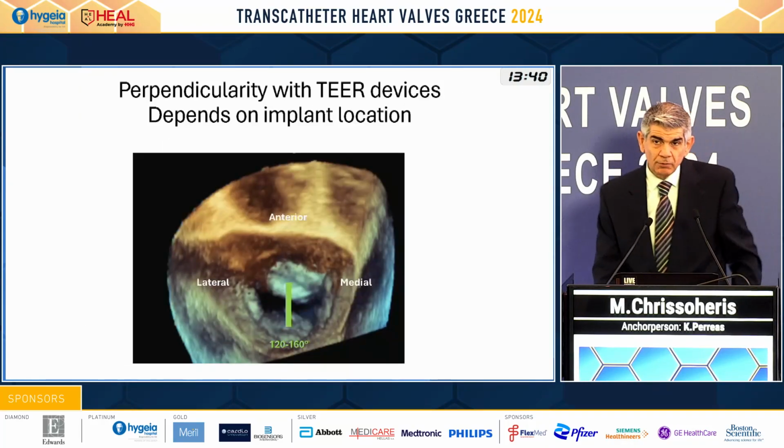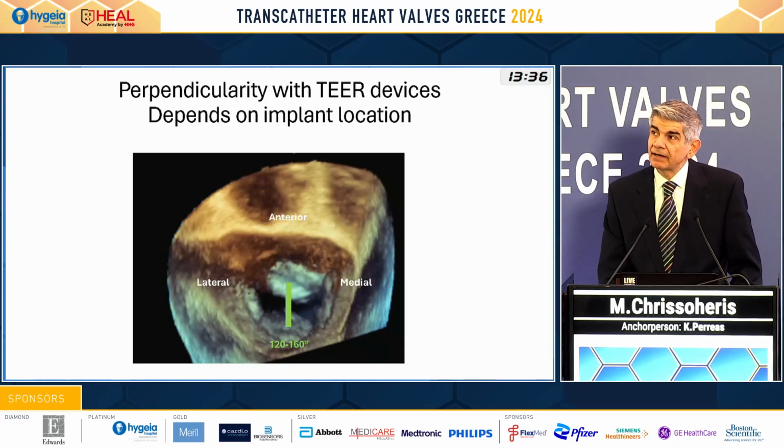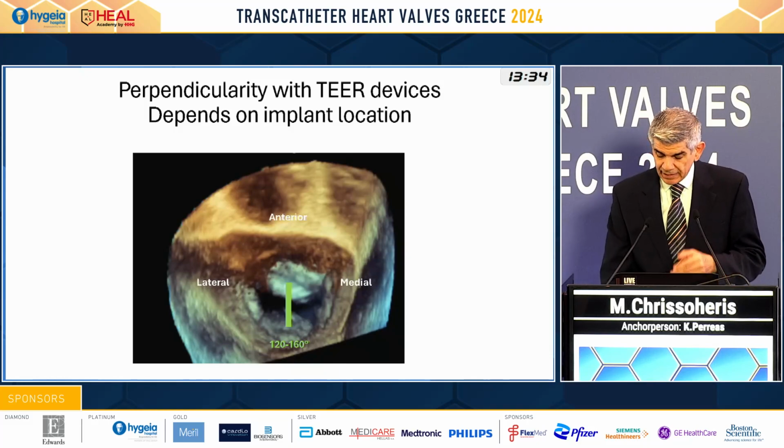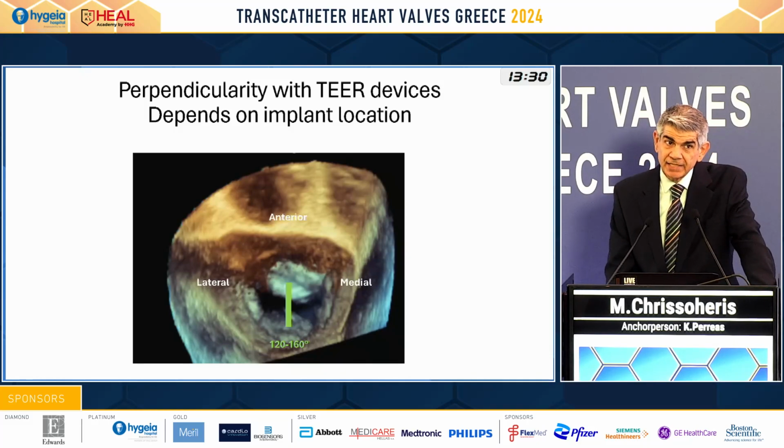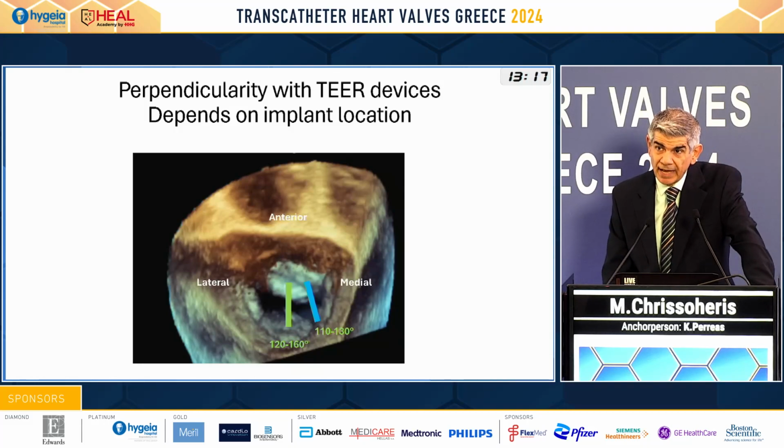However, when we talk about edge-to-edge repair and implanting a device at the center, we need an orientation of about 120 to 160 degrees, which we see very nicely in a long axis view. If we talk about a medial position for the device, then we talk about a counterclockwise rotation of the device and usually long axis views of 100 to 130.